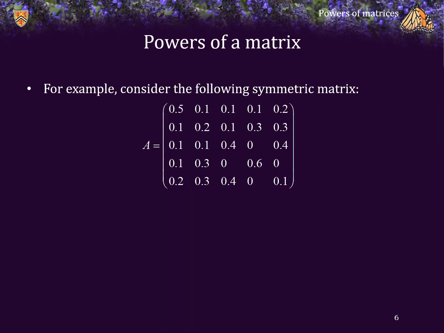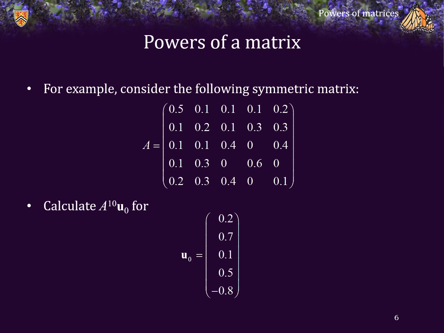For example, consider the following symmetric matrix. Of course, if it's symmetric, therefore it has 5 eigenvalues, it's diagonalizable, therefore we can find an eigenvalue decomposition, and on top of that, the matrix U will be orthogonal. Let's calculate A to the 10 times this initial vector u naught.